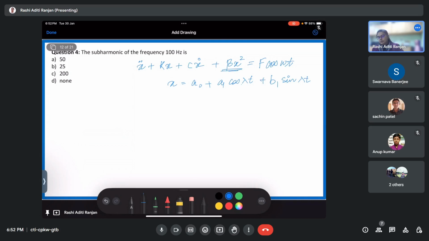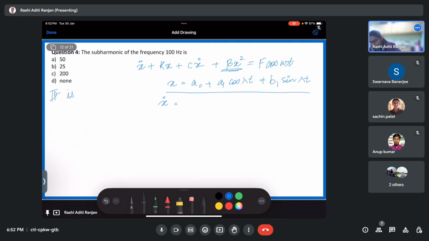Okay, so if I have considered this as a solution, I can take out the value of x dot, isn't it? And lambda, see, I'll write it here.